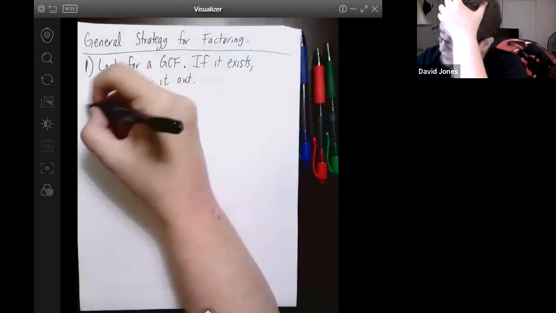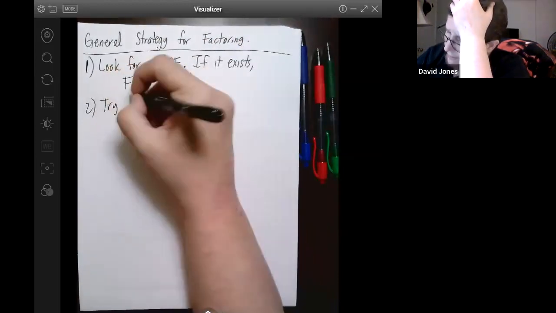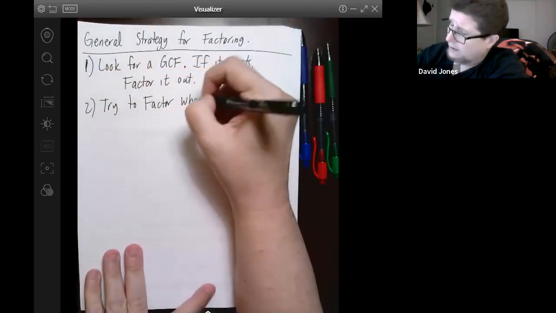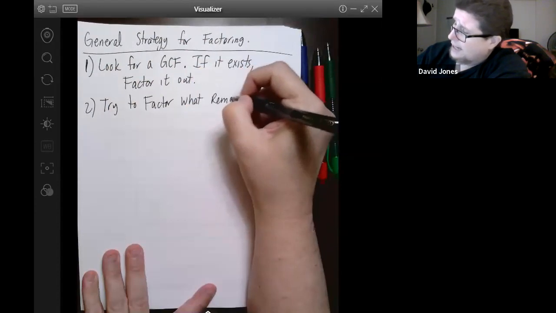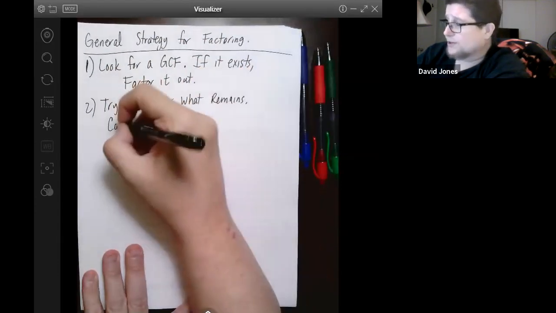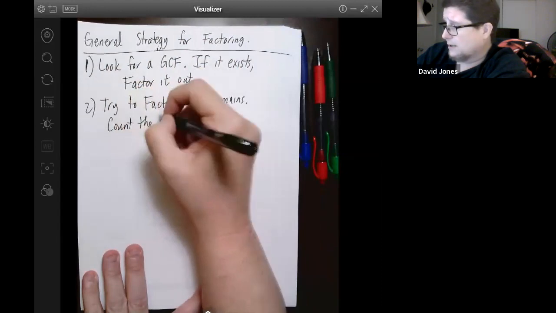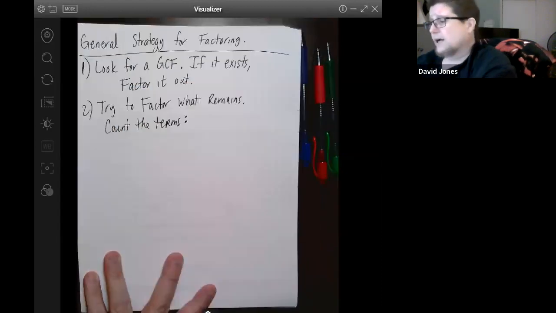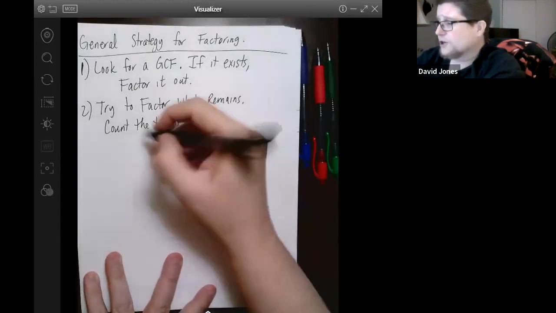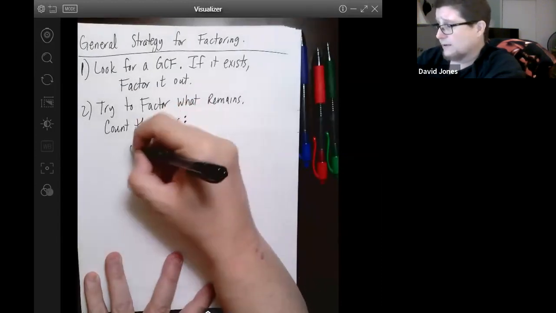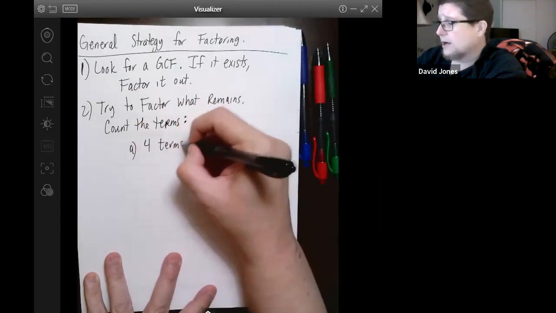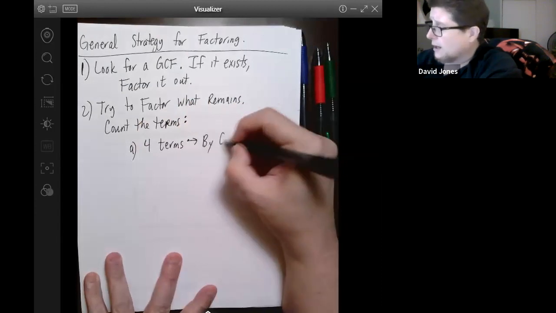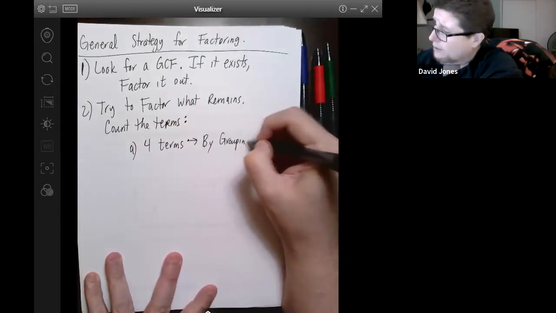And then step 2, try to factor what remains. And to do that, let's count the terms. If you have 4 terms, option A is 4 terms. To do this one, we did it by grouping into pairs.